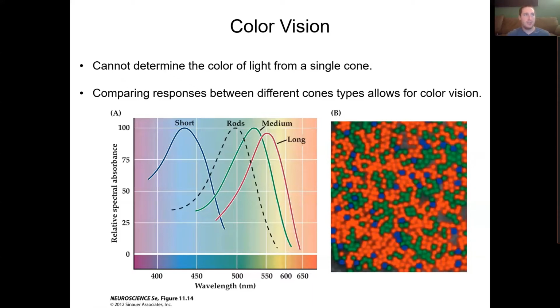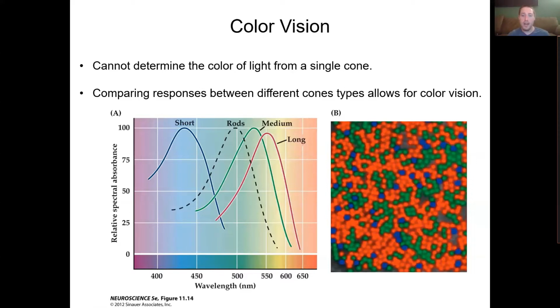You actually need to compare between different types. If you get a response in both a green cone and a blue cone, and you compare the two, that enables you to start working out what color the stimulus really is. So that's how our color vision works, by comparing between these three different cones.